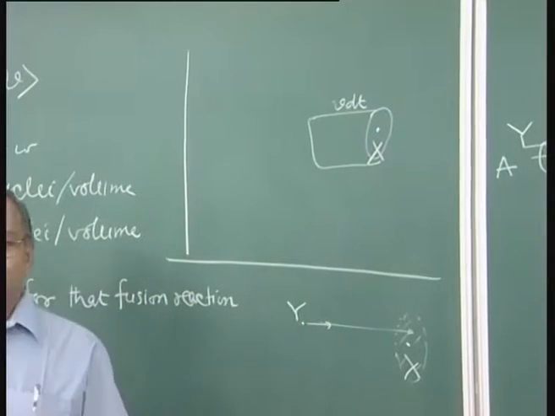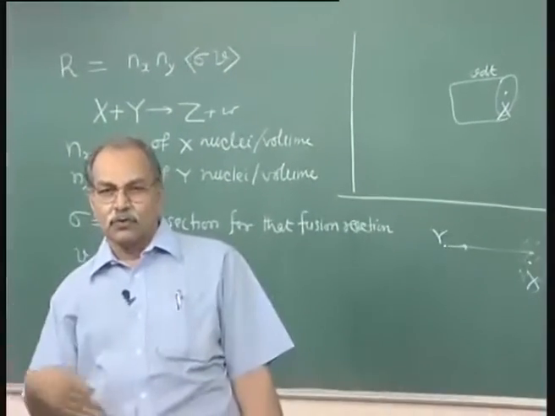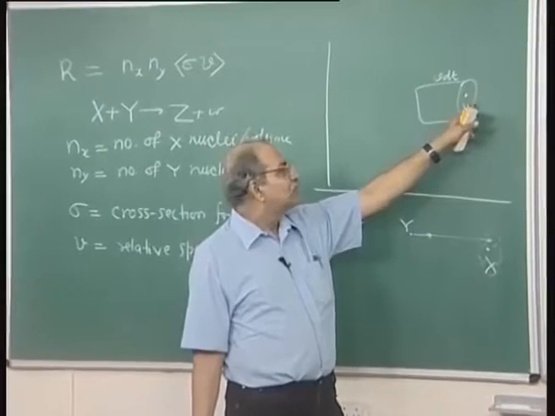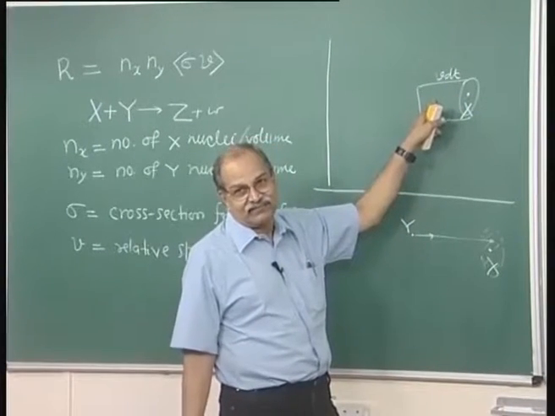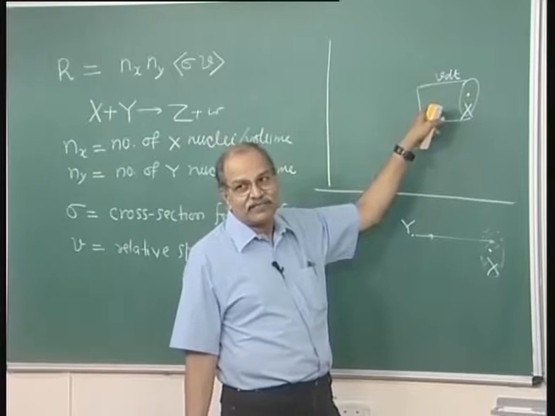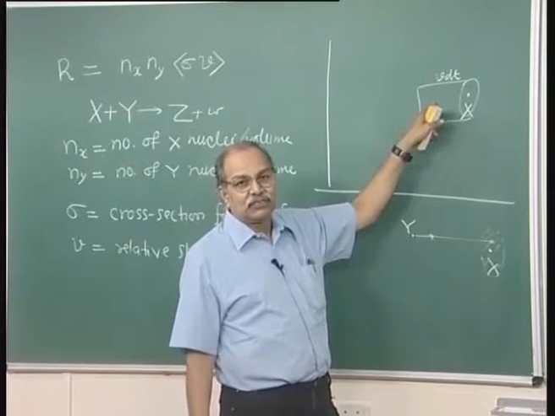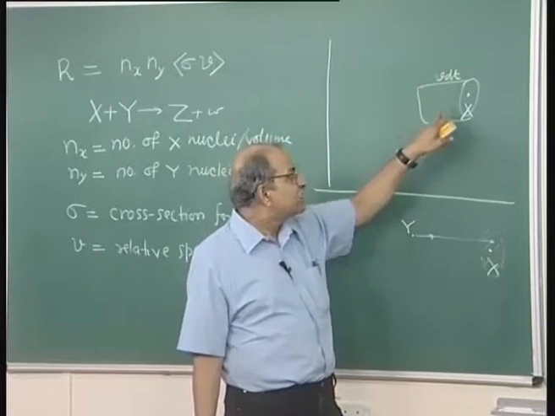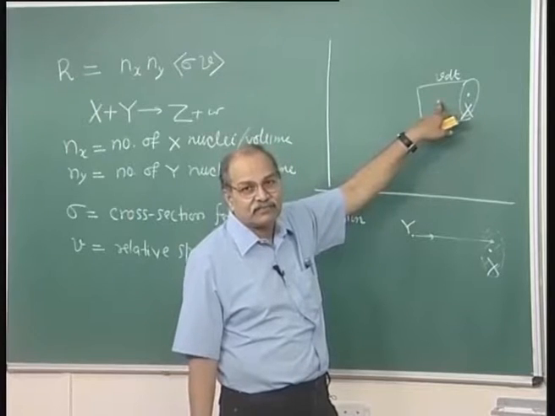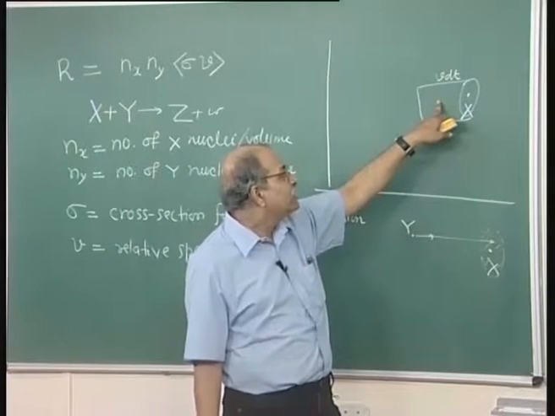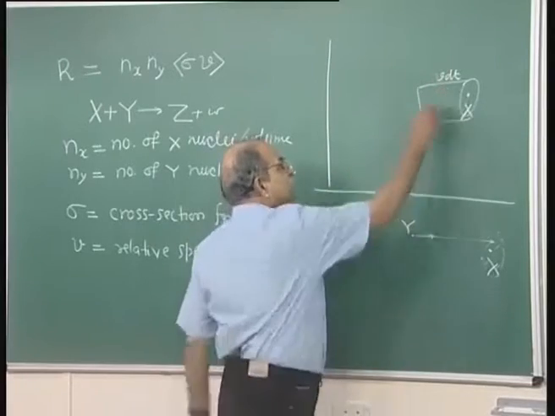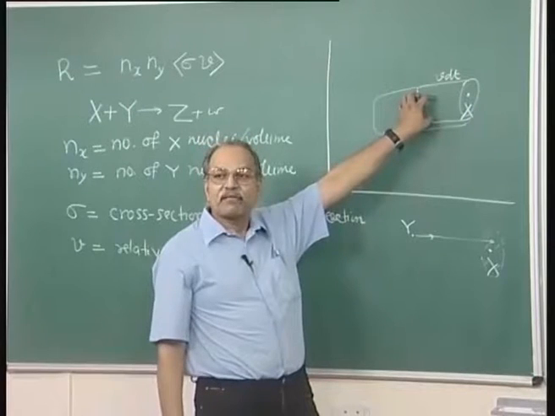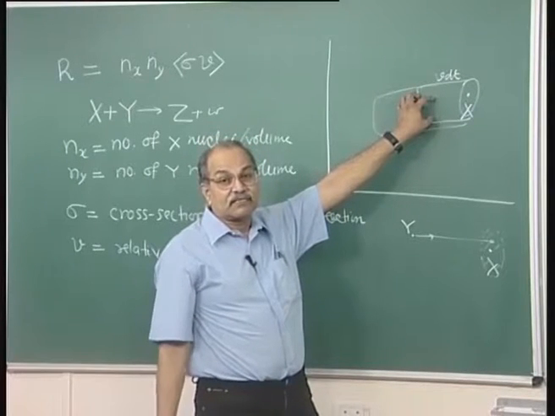Now, generally the concentrations are low, and sigma is extremely small. So there is hardly one nucleus Y here in a typical case. So the reaction rate will be proportional to the probability that you have a Y nucleus here, and that probability will be proportional to this V, because if you take a larger volume for the same dt, the probability of finding a particle Y here will be larger.